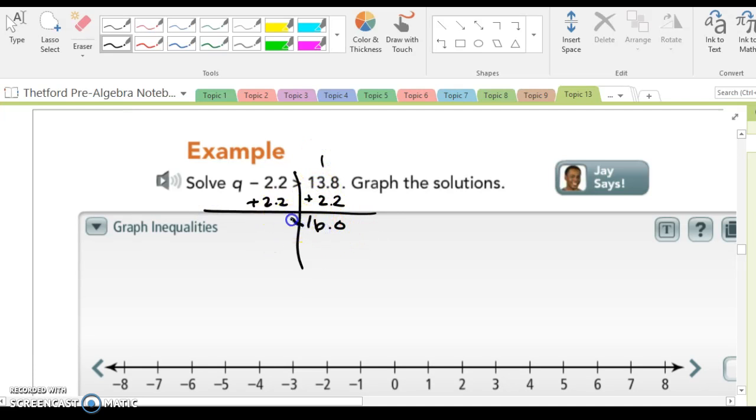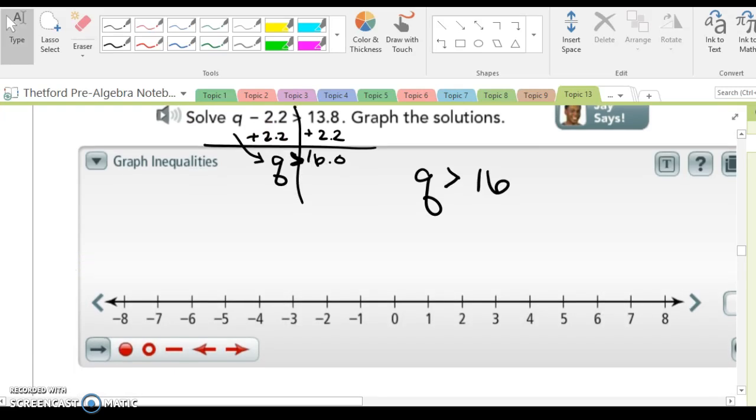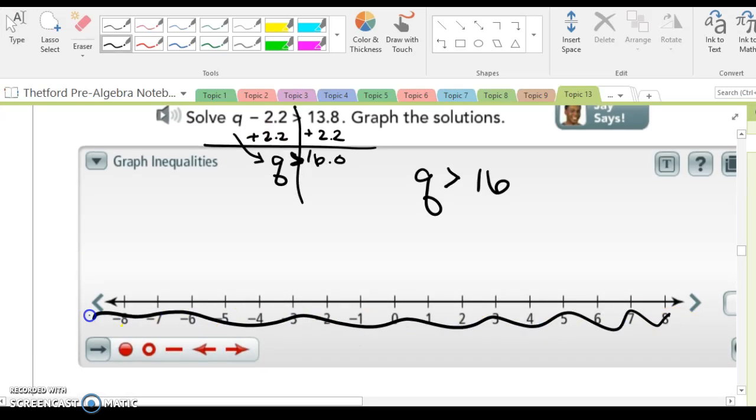Then you keep your inequality the same when you're adding and subtracting, and then you bring down your letter. So we know that Q is going to be greater than 16, which isn't even on the graph, but we'll just find a new one. So we're going to label this 16. It's an open circle at 16, and it needs to be greater than 16.